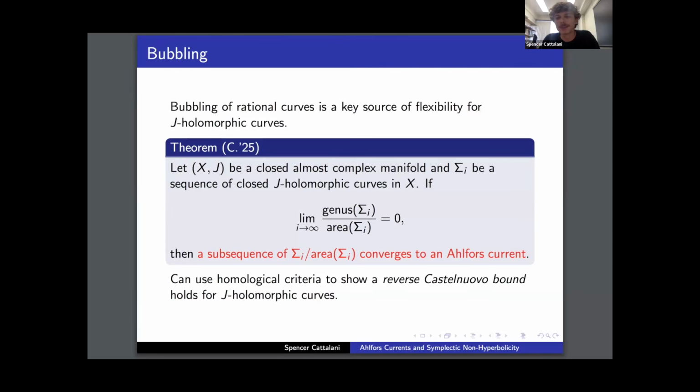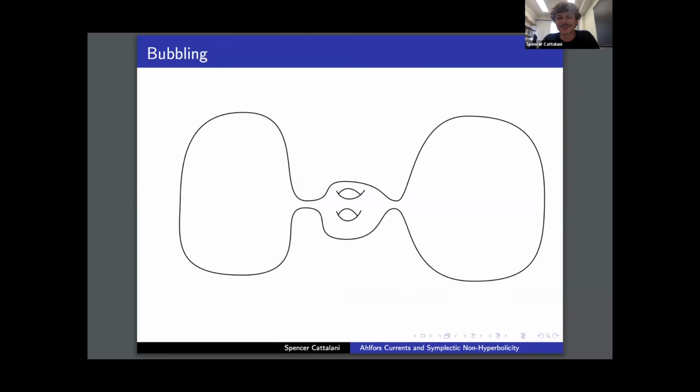And just to highlight a little bit of the difference, I have this graphic. If you imagine you have a genus 2 surface and there are just two bubbles blowing up on it, Demailly's result is a local procedure and it will pick up one or the other, but it can't pick up both.